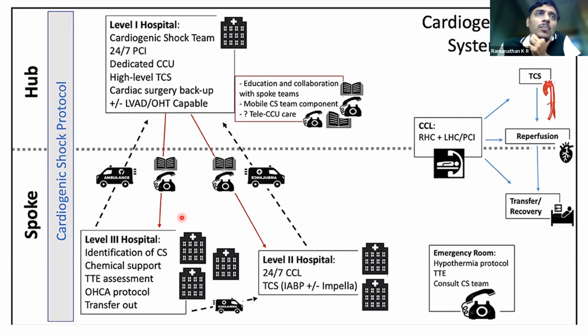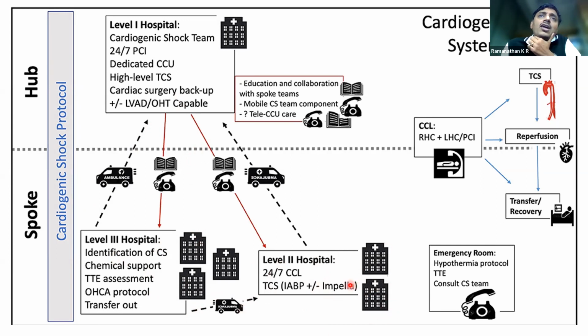So this is a hub and spoke model, which has been shown to be effective in the management of cardiogenic shock. Again, spoke hospitals can be a level 2 or a level 3 hospital. Level 3 hospitals may have only facilities to identify cardiogenic shock and support it pharmacologically, and any further intervention might need referral to a level 1 or a level 2 hospital where a 24/7 cath lab is available, and further advanced cardiac therapy might be possible.